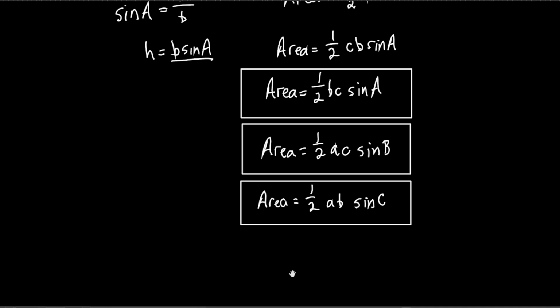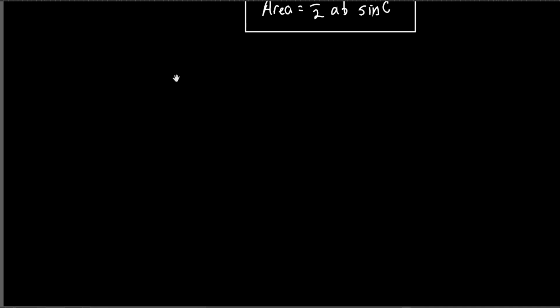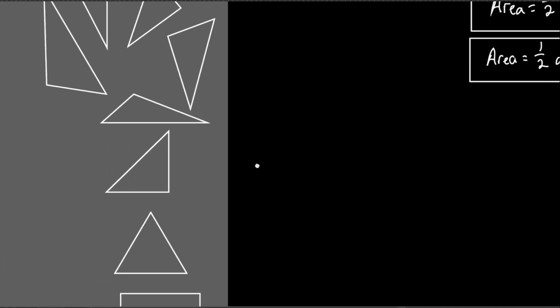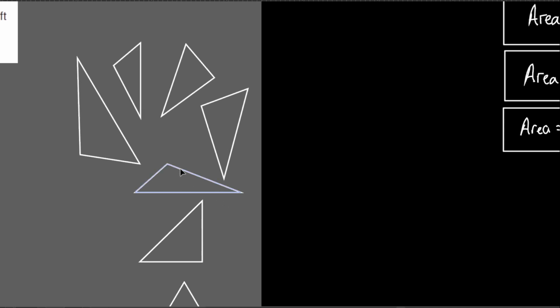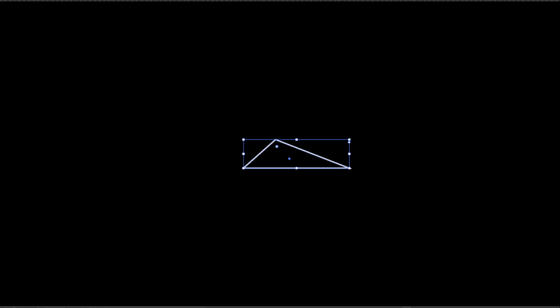Let's do an example. Let's use this triangle right here. And then let's see if I remember how to do this. Do I go to transform? I think. Click that. Yep.